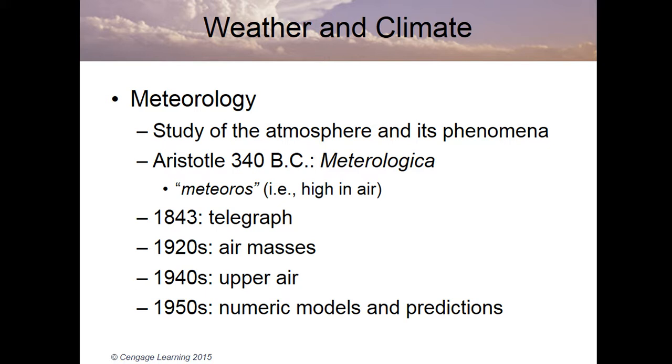And by the 1950s, more technology developed to allow for numeric models and predictions that will later be taken on by the role of very powerful computers. Up to that point, other than just general observations that could be made, the forecasts that were done numerically, those calculations are very complicated.